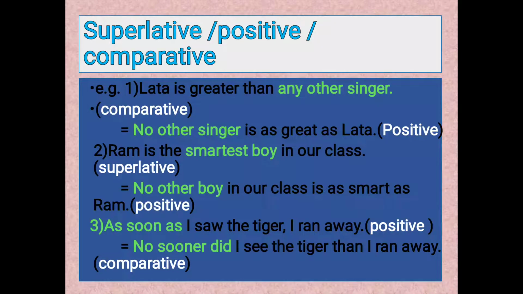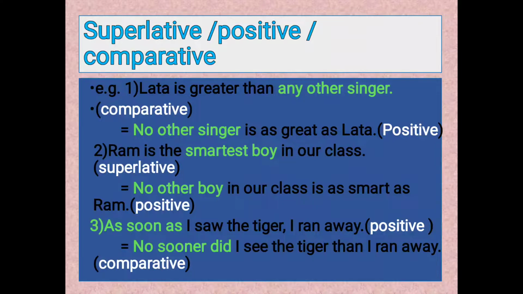So "any other" becomes "no other." One more example of superlative degree: Ram is the smartest boy in our class. And the negative sentence is: no other boy in our class is as smart as Ram. So while converting this affirmative into negative, you have to convert the superlative degree into positive.